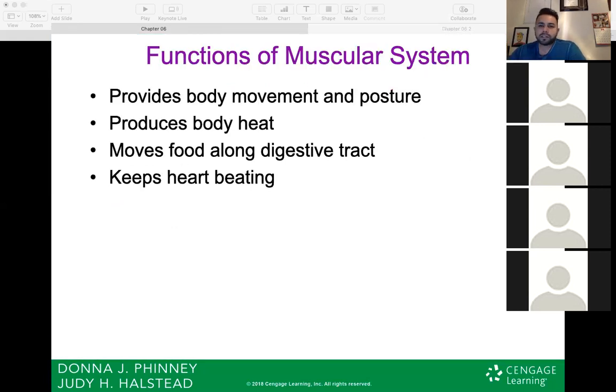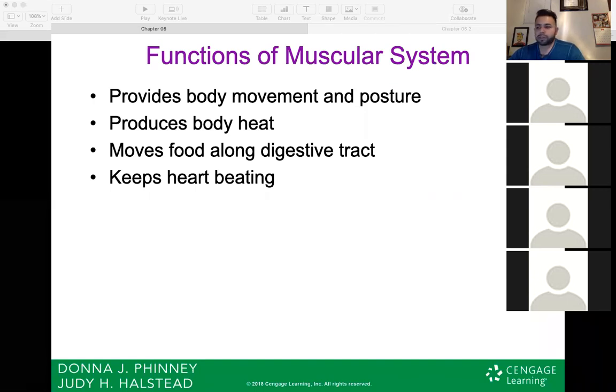All right, so functions of the muscular system. The muscular system makes up about 30 to 40% of the body's total weight. The muscles contract and relax to create the movements of all parts of the body, both internally and externally. Internal muscles move food, create respiration, and keep the heart beating.